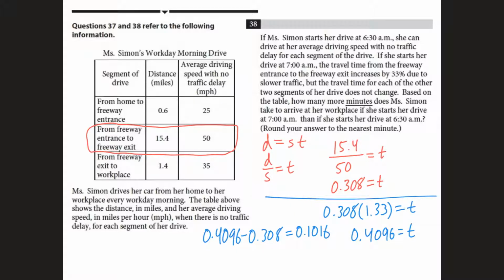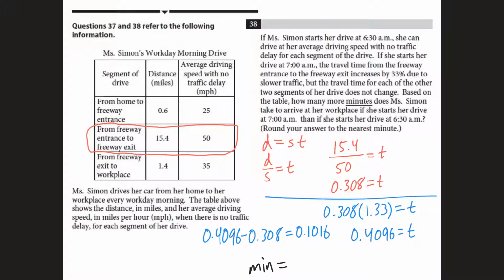I want to convert that to minutes. So to convert that to minutes, I need to multiply by 60. So 0.1016 times 60 equals, it's going to be in minutes.